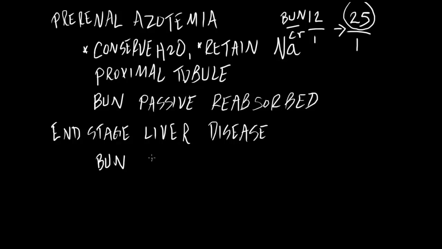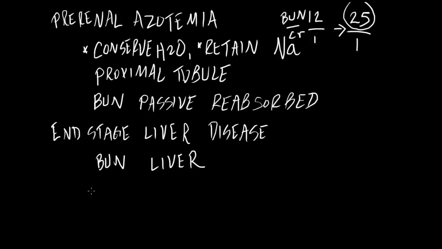Remember, BUN is made in the liver. And so in patients with end-stage liver disease who happen to have acute kidney injury, those particular patients will not have very high BUNs. Let's look at a scenario.